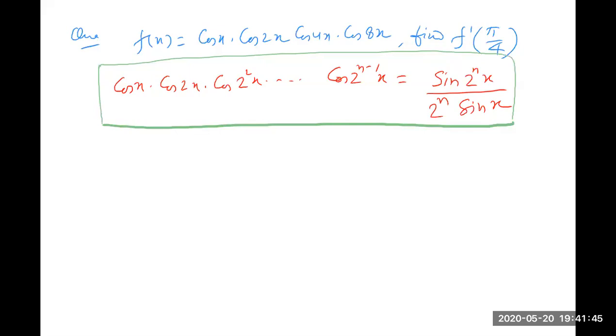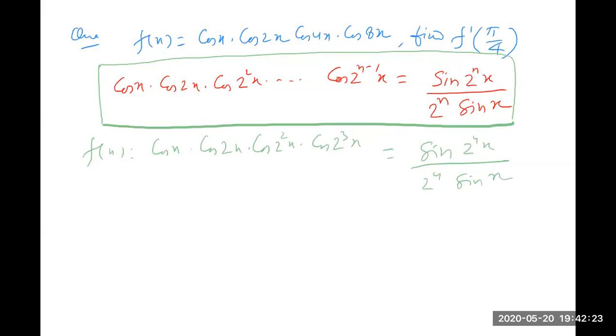So in this case, what is the n here? How many factors are there? 4. See, f(x) equal to cos x, cos 2x, cos 2 raised to power 2 x, cos 2 raised to power 3 x. So n minus 1, that means there are 4 factors. So this will be sine 2 raised to power 4 x upon 2 raised to power 4 sin x.